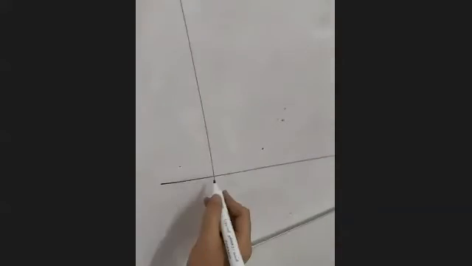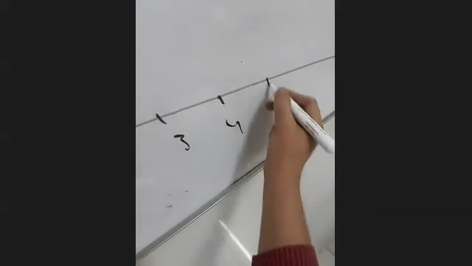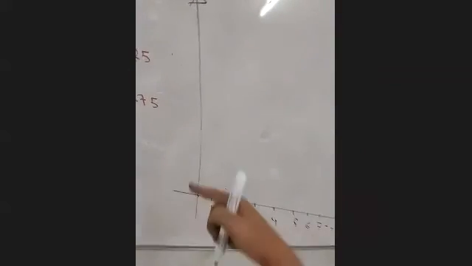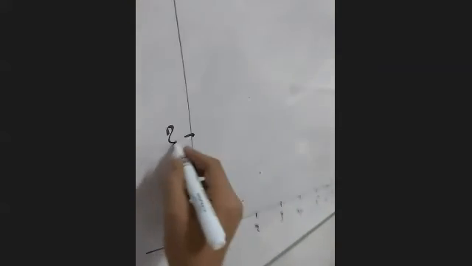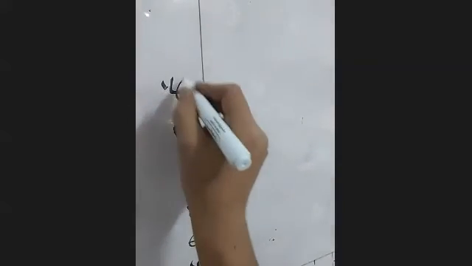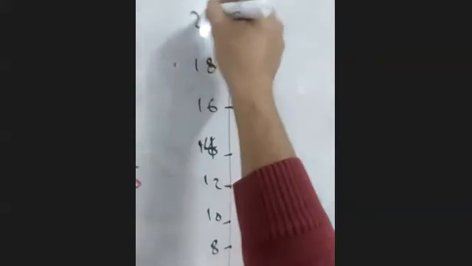Now down here, I have 0, 1, 2, 3, 4, 5, 6, 7, as much as you want. And here I have values for C. The book put from 0 to 18, adding 2. They make jumps: 0, 2, 4, 6, 8, 10, 12, 14, 16, 18, 20, and go on as much as you want.